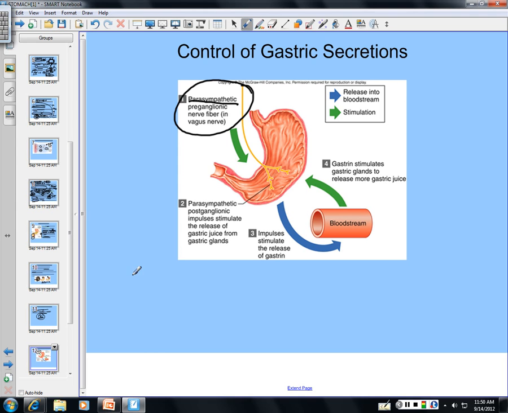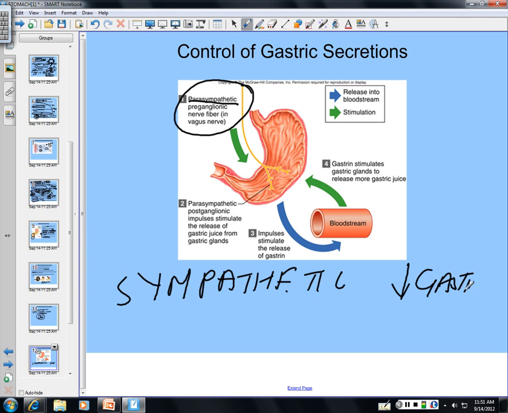In contrast, when the sympathetic system is stimulated, it will depress gastric activity, right? This is responsible for fight or flight. You don't want to sit and digest in there. Hormonal control is by, of course, remember we talked about gastrin, right? Which stimulates both pepsinogen secretion and acid secretion, right? We talked about this. All right, next slide.